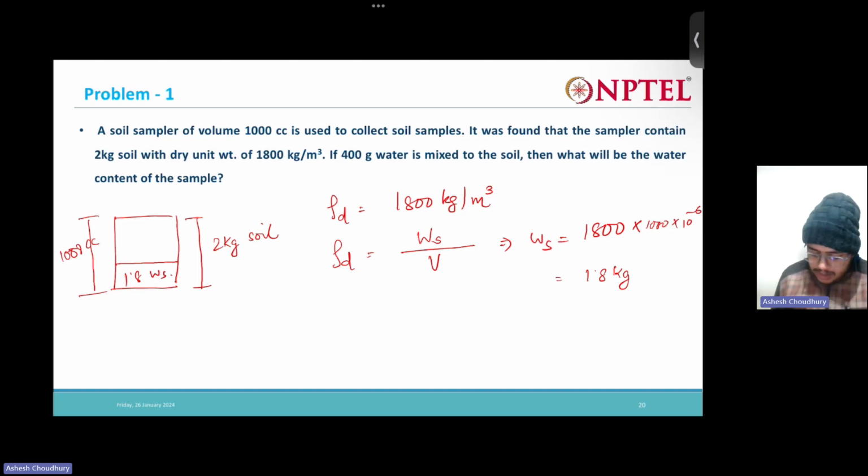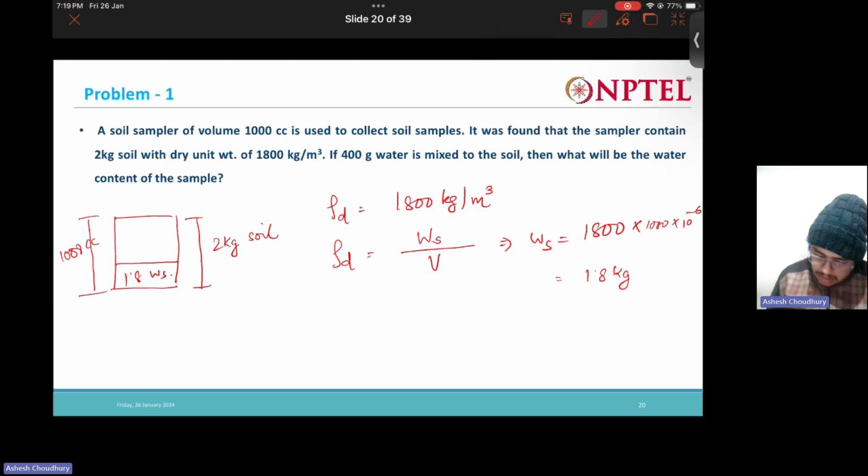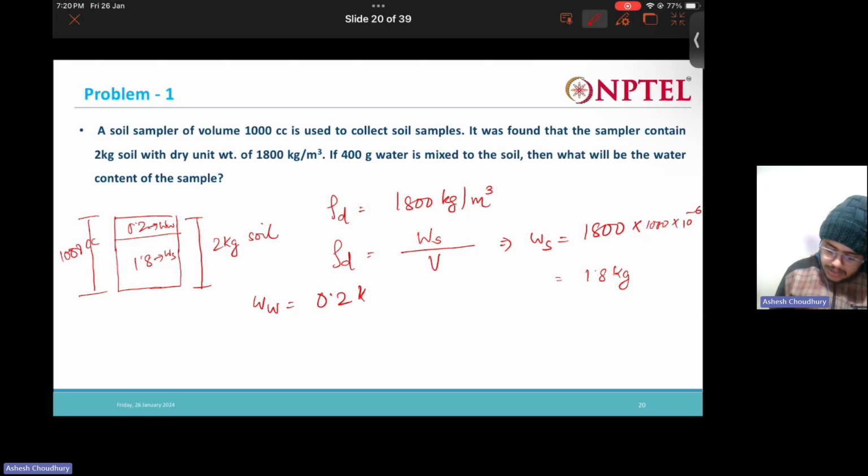If 1.8 is the weight of solids, then 0.2 is the weight of water. So the weight of water is 0.2 kg.